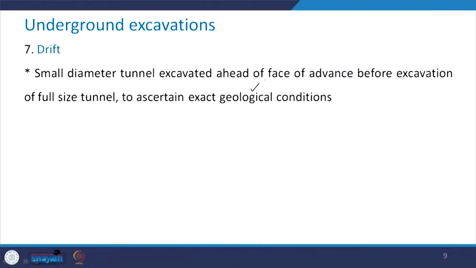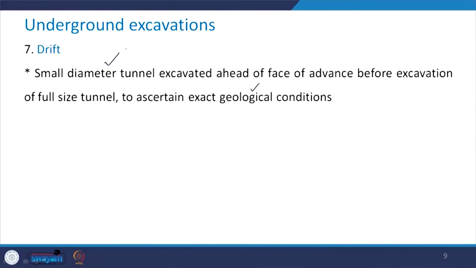This is used to ascertain exact geological condition. So, in case of rocks, a lot of uncertainty may be there and we may not be aware of the exact geological conditions from the conditions exposed at the surface.